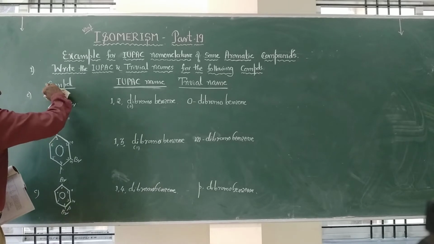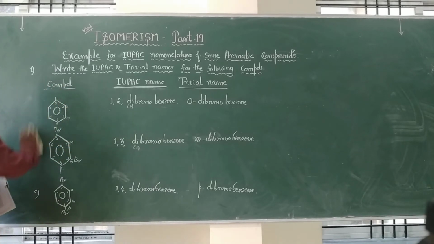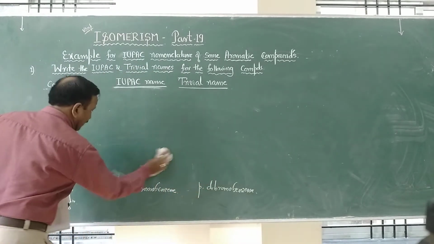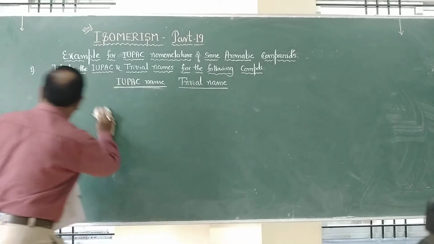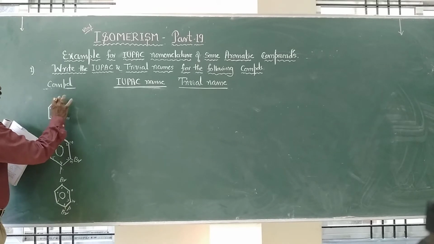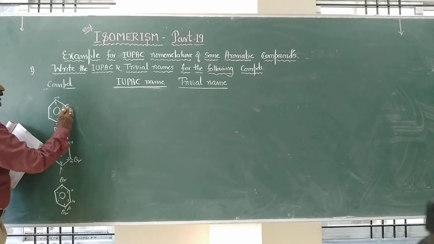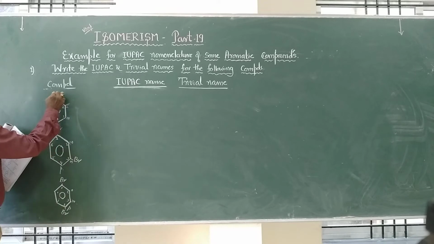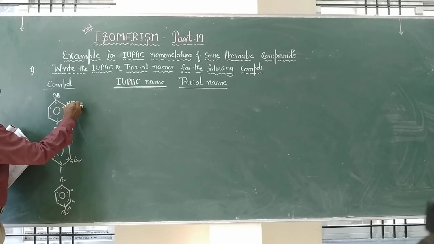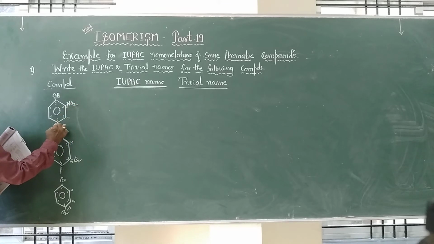And if you want 3 groups, the best example you can take is, suppose you write here OH and here NO2, here NO2 and here NO2.